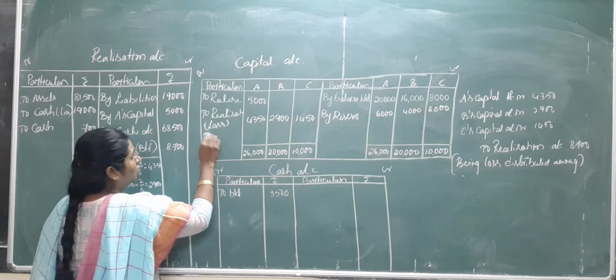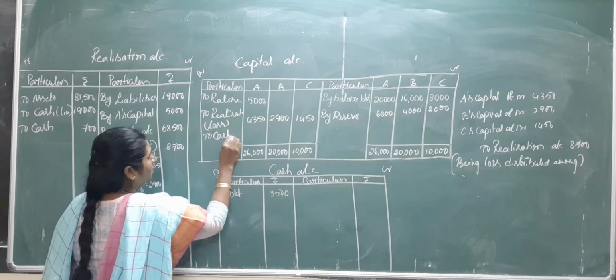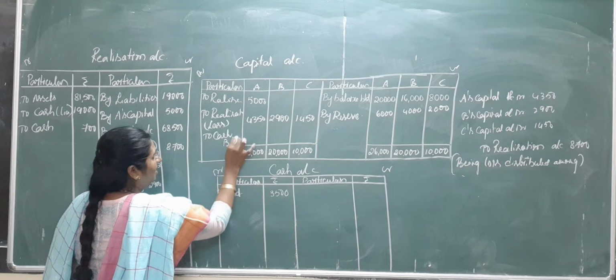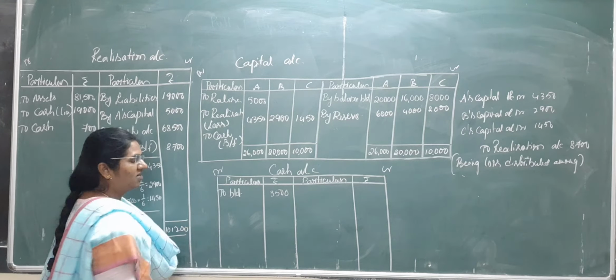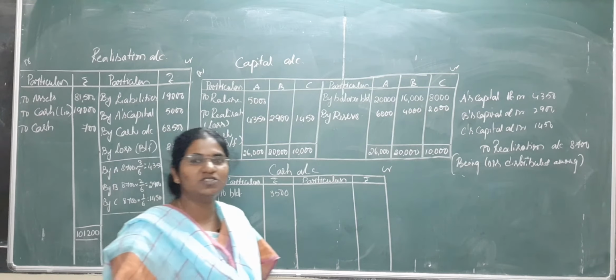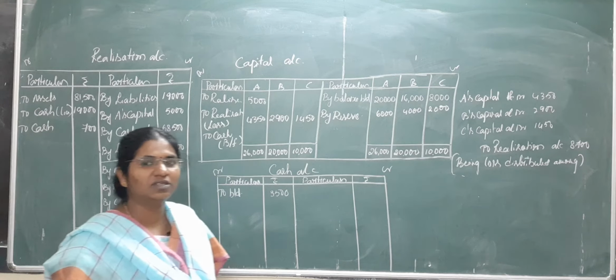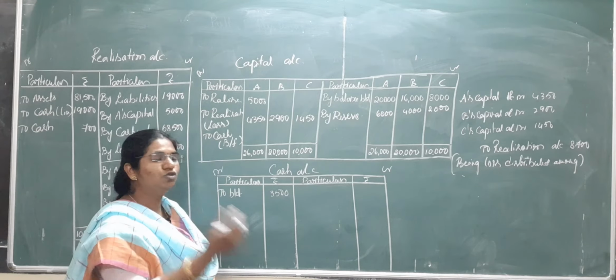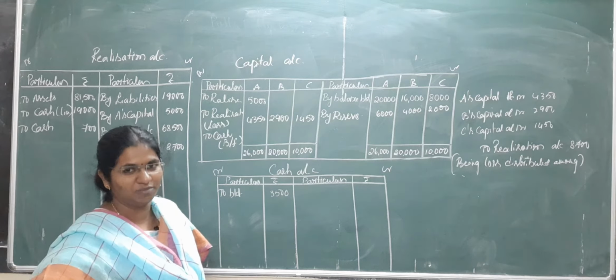So write here to cash, and write very clearly here balancing figure. It is compulsory to mention balancing figure so that there is no confusion about where you got that amount.